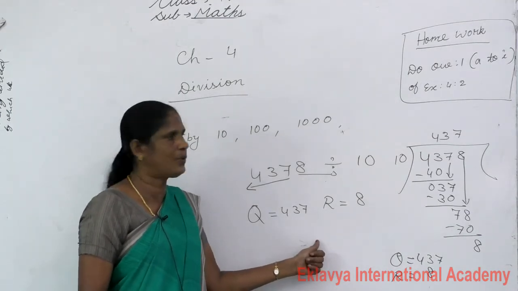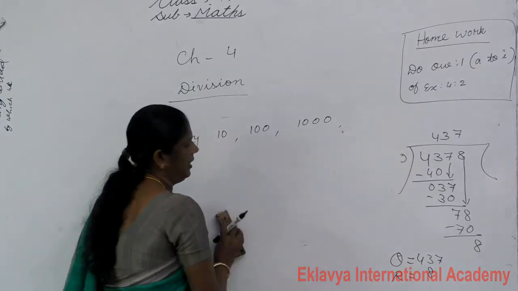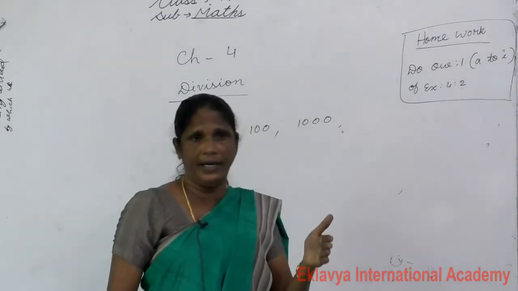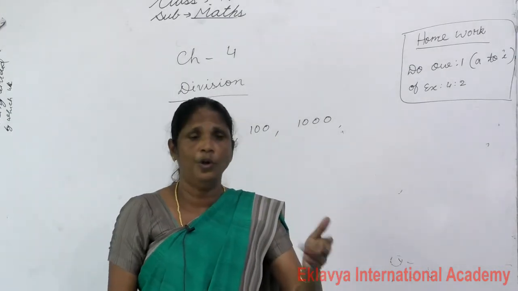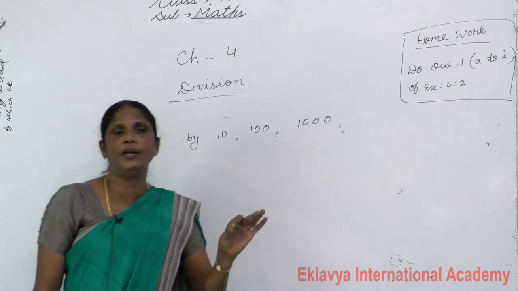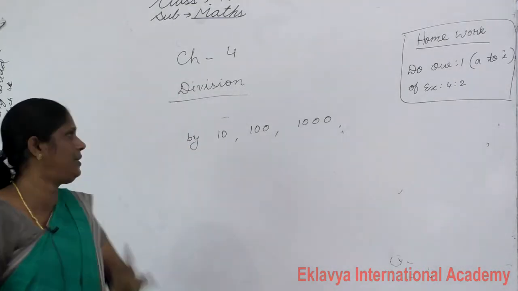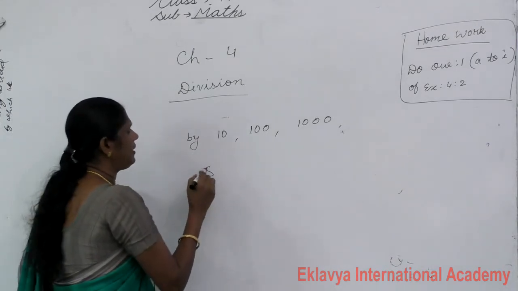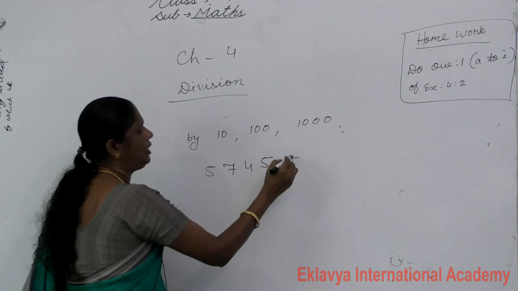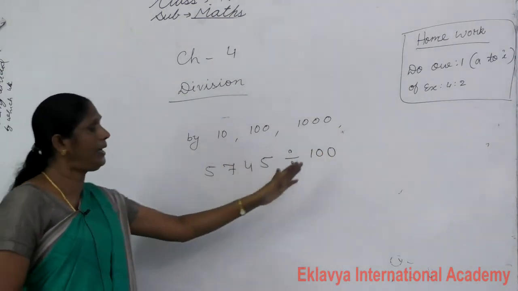Understand, all students? Now divide by 100. We divide by 100. We remove 2 digits from the right hand side of the number. For example, 5745 divided by 100.